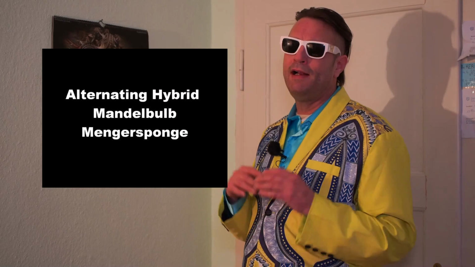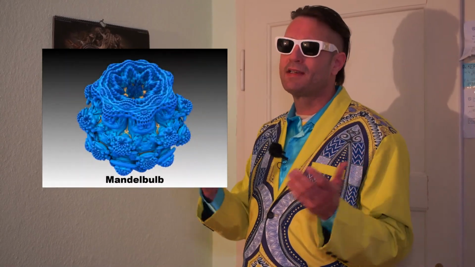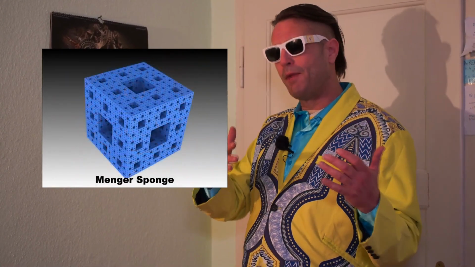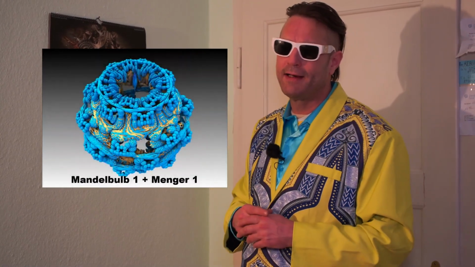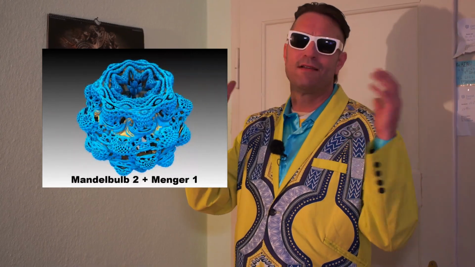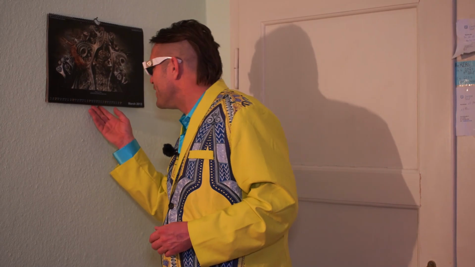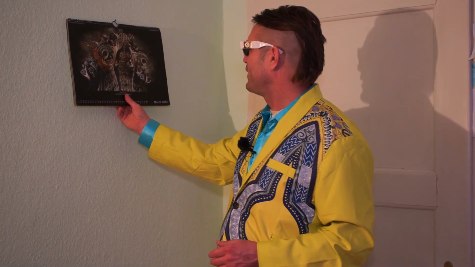And Yoldos was using not a single formula but a hybrid. Back in the times, 2012, the Mandelbulb and the Mandelbox already had been discovered. And Mandelbrot 3D early on featured a hybridization technique to combine formulas to whatever you like. So, Yoldos, this is a beautiful image chosen by Christian.